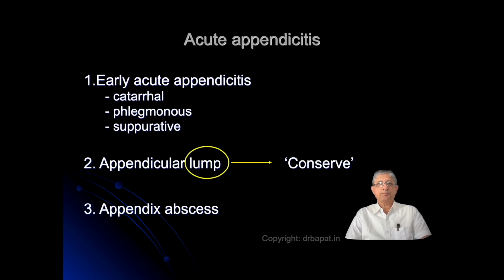Although the standard of care at the early stage is urgent appendicectomy, a conservative approach may have to be considered in some situations. The standard of care of appendicular lump is conservative. In patients who respond to conservative treatment, a surgical treatment, namely interval appendicectomy, may be considered for them at a later date so that they never suffer from appendicitis again.